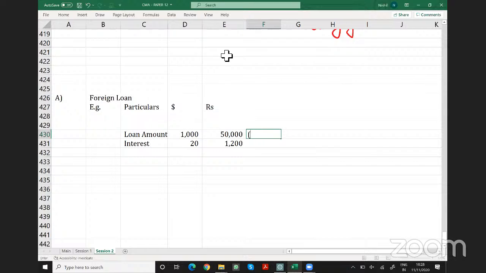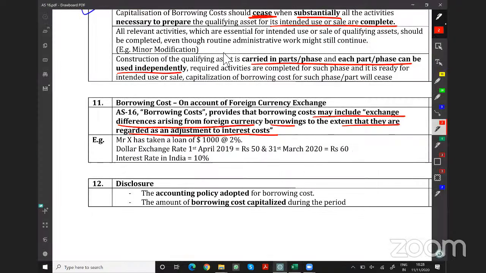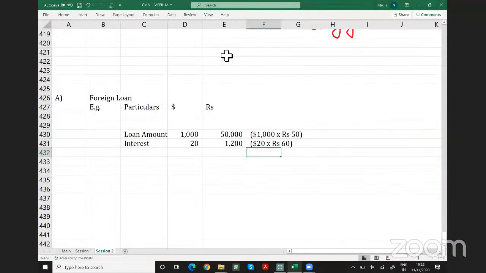It is $1,000 into rupees 50, and it will be $20 into rupees 60. See, interest is payable on the last date, which is 31st of March 2016. On 31st of March 2016, the exchange rate is 60. On 1st of April 2016, the exchange rate is 50. So on 31st of March, interest payable is $20 into the rate of 60 rupees.